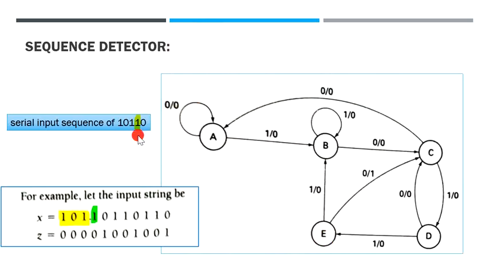So the next task is to check the last bit in the serial input sequence, that is the 5th bit, whether it is logic 0.